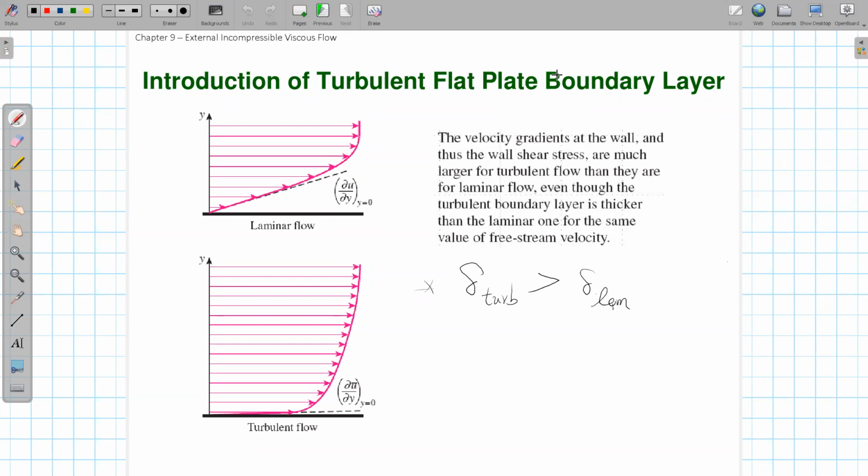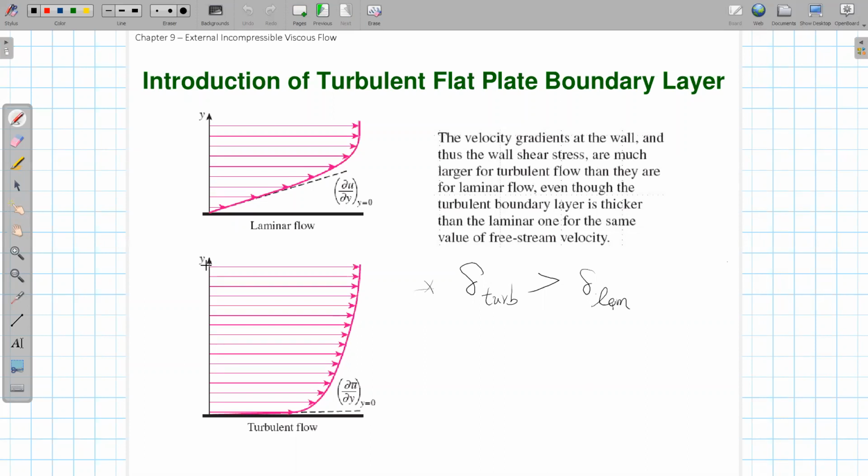So when the flow becomes turbulent, it's much easier to transport this viscous effect to a further region, because of the strong transport effect. That is why the turbulent boundary layer is thicker: it can affect more region. So this is what I want you to know.